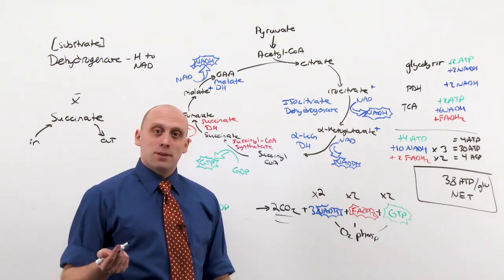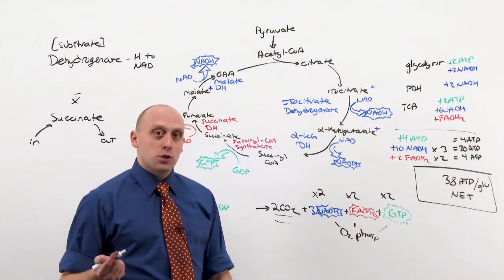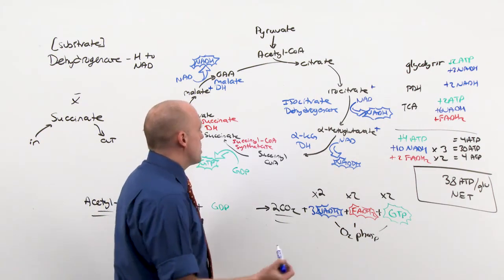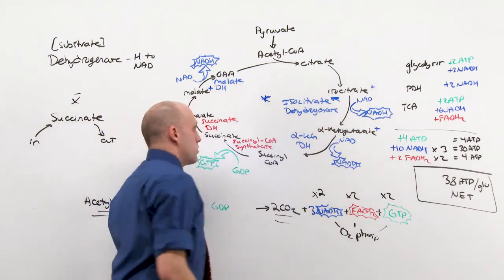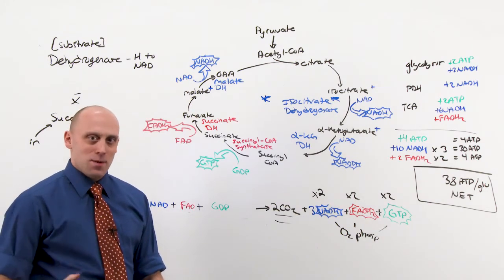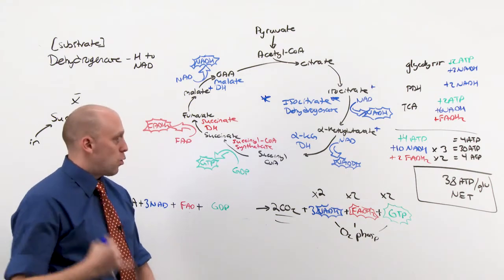You'd imagine that something this important, with this much energy production, would have some regulation. Indeed it does. Isocitrate dehydrogenase is the rate limiting step. And the cool thing about isocitrate dehydrogenase is that it is exactly like pyruvate dehydrogenase. Thiamine, lipoic acid, pantothenic acid, riboflavin, niacin required for it to work.